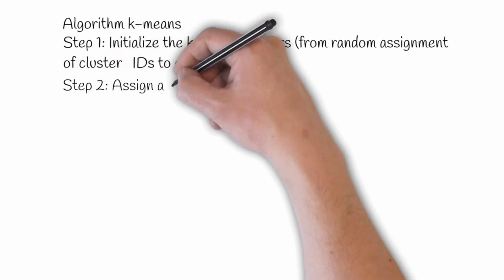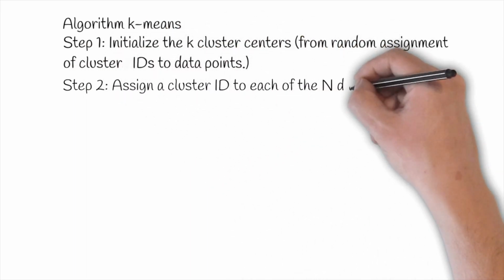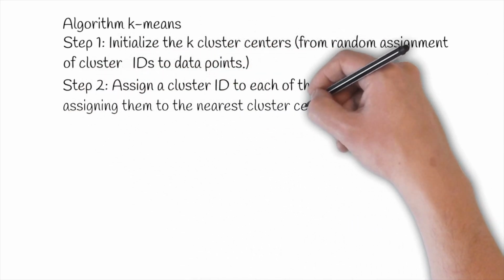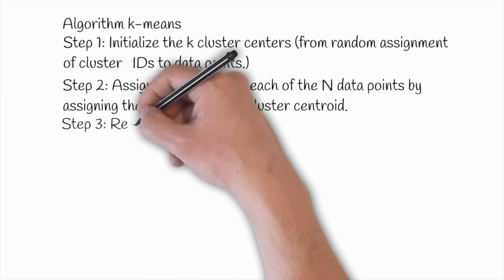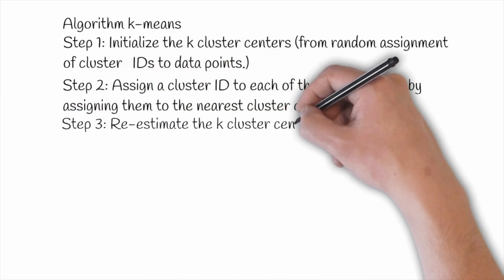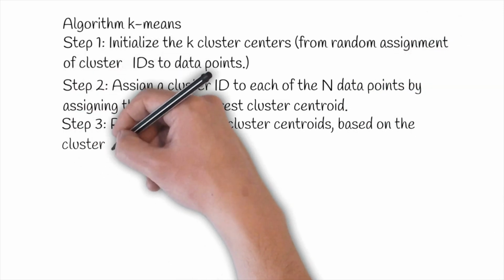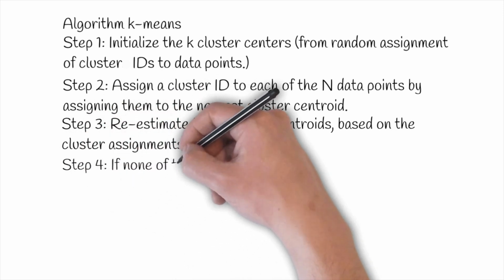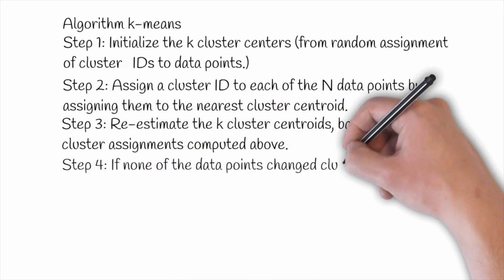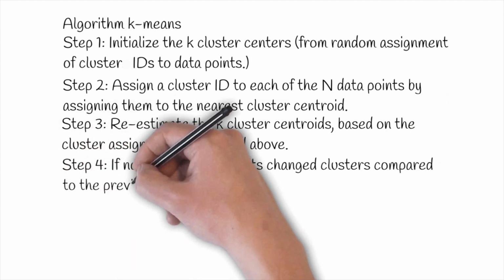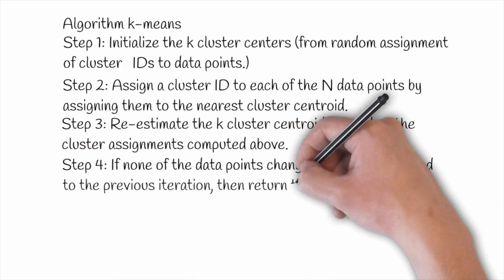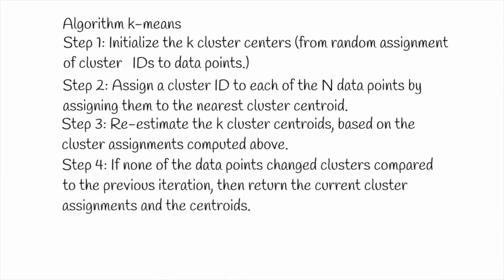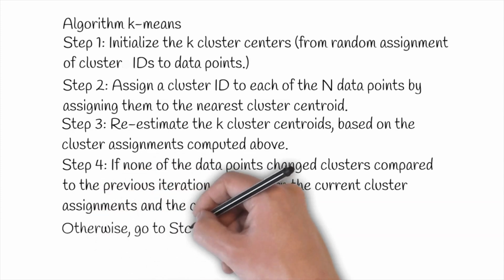Then it computes the cluster centroids for the assignments. Then it checks if the cluster assignments change based on how close the centroids are from each point. If cluster assignments change, then it recomputes the cluster centroids. Then it checks if it has a new set of assignments for the data points. The algorithm keeps repeating the process until it finds a situation where the cluster assignments are not changing anymore.